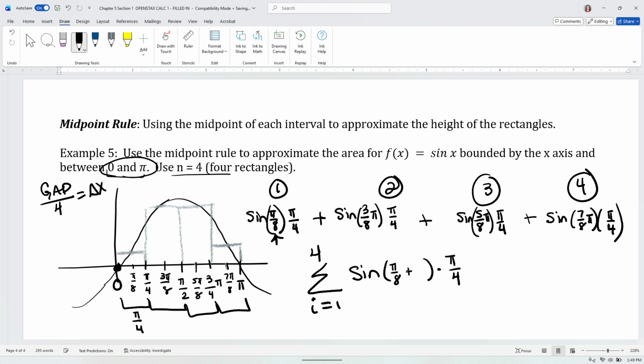So for 1, it will end up being pi over 8. For each height after it, it looks like the gap is pi over 4. Well, of course it is, because it's one gap later, right? Even though they're offset. Each gap is 1/4 pi later. I don't want to do it for the first one. Does that make sense? And then, of course, pi over 4. And if you grab your calculator and you calculate this, you will get mine here.